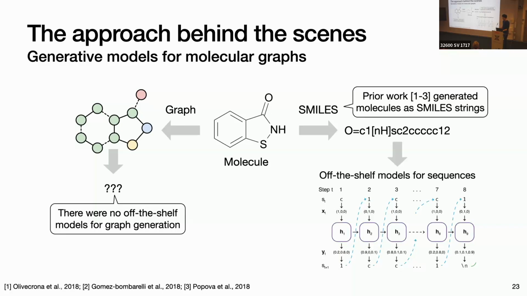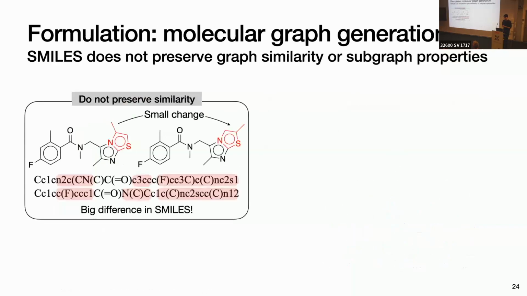There has been a numerous number of works trying to do that. But the reason I didn't choose this route is that the SMILES string doesn't really preserve some of the properties that we care about.